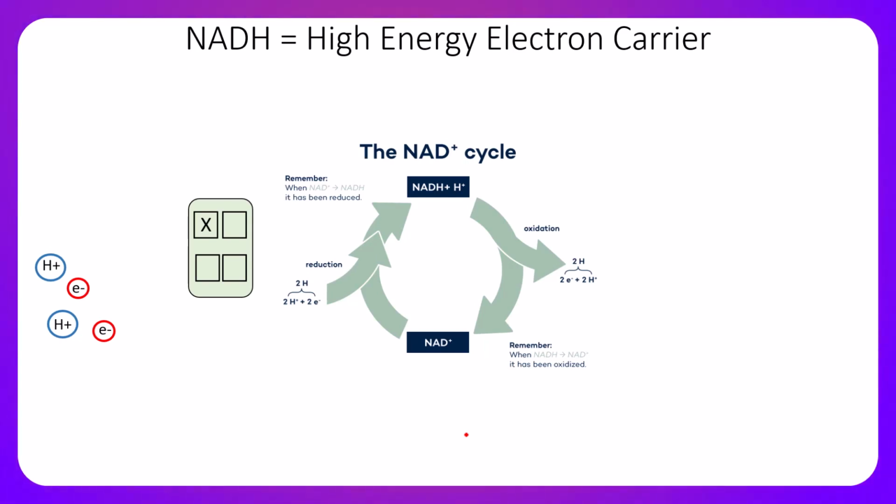The passengers in the NAD cycle are a hydrogen ion and 2 electrons, and so those passengers are going to bond to NAD+, converting it into NADH. Now, there is a positive H+ ion and 2 negative electrons that are going to join NAD+. The reason NAD+ is positively charged to begin with is because it will bond an additional positive and 2 negatives.